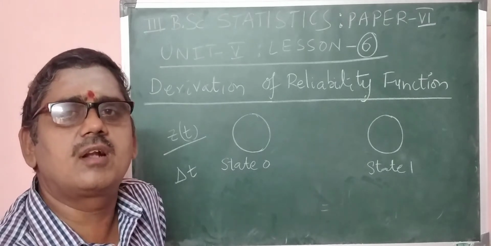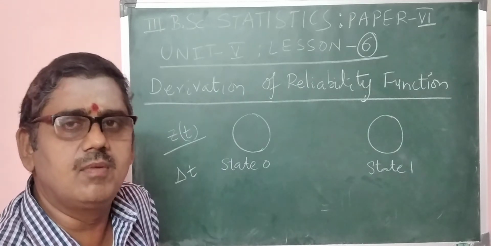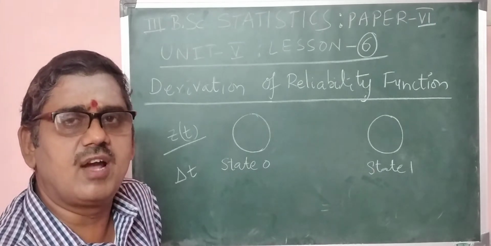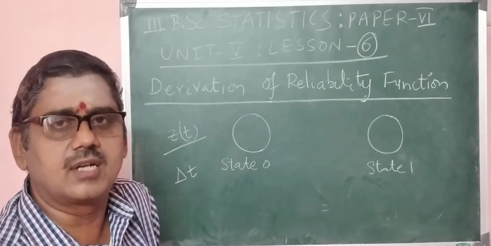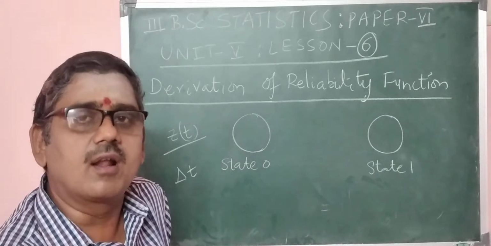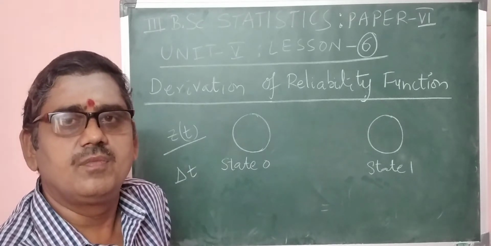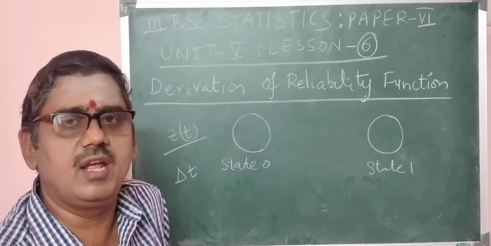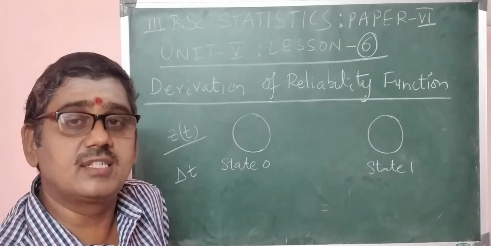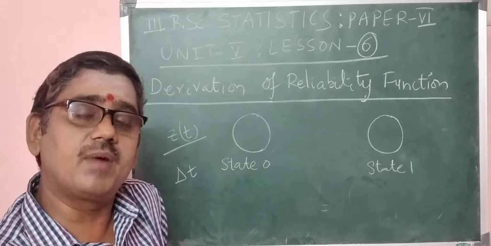For example, a particular item, electrical fan or electrical bulb, or a particular system, that is a laptop or device, a phone, mobile. We have considered one particular item. It works for 1 year and then it suddenly fails after 1 year. That is, in a particular day it was failed, 1 day or 2 days. So that particular time period is going to be considered as delta t. It is very small as compared to the 1 year.